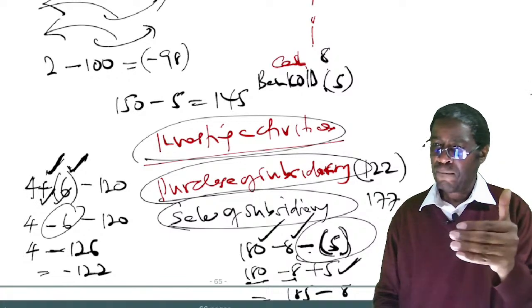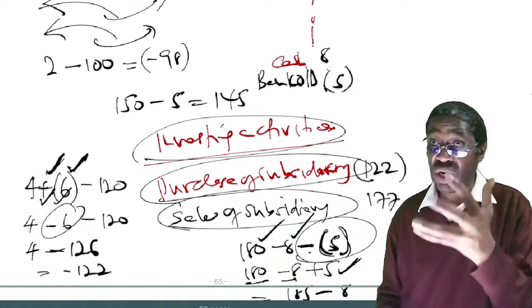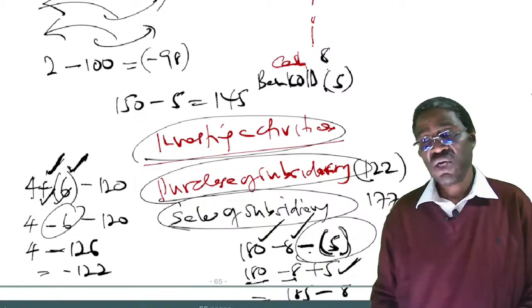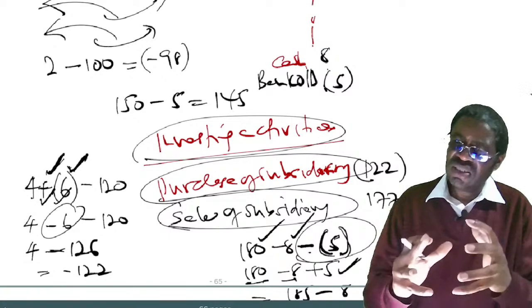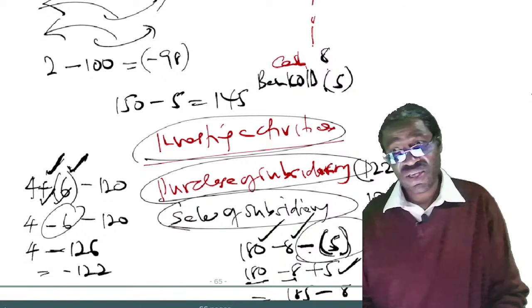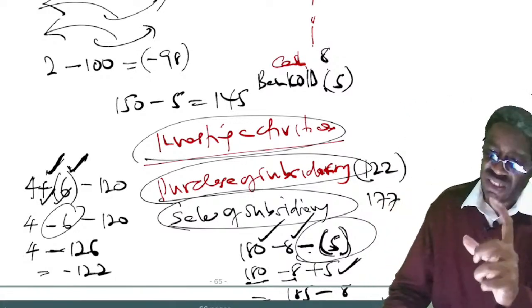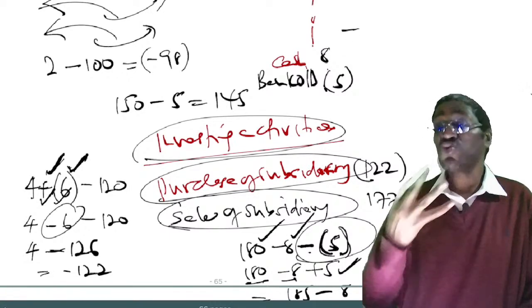Okay? Then when we discussed the general format of a cash flow for an individual company, we went further and brought in the aspects of the group. When it came to the aspects of the group, we said there are 3 areas the examiner will test you on when it comes to group cash flow.